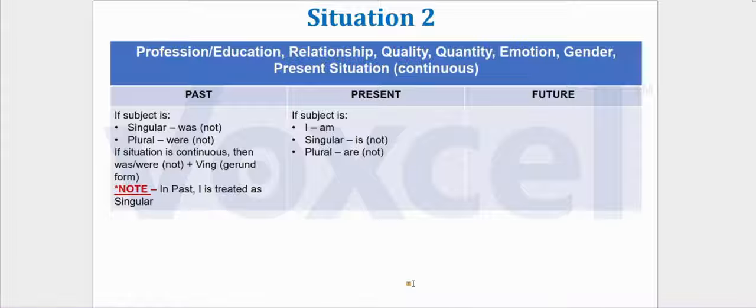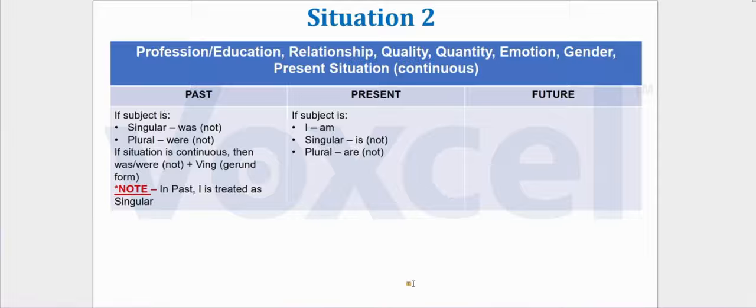In present, if the subject is I, you will say am. With singular like he, she, it, you will use is. With plural, you will use are. You is considered plural. Although you are referring to one singular person, second person, like your friend, you are. You will not say you is. Okay, you are my friend. We're talking about relationship here.